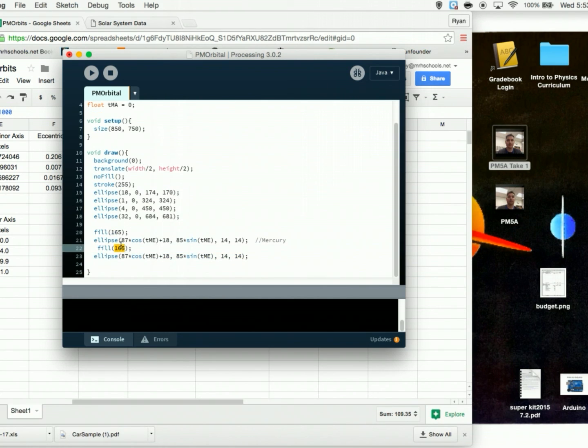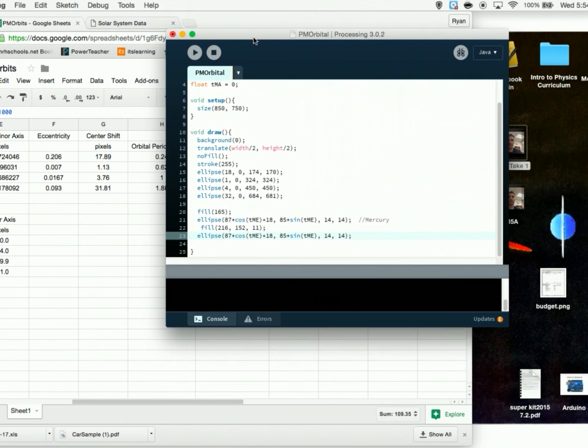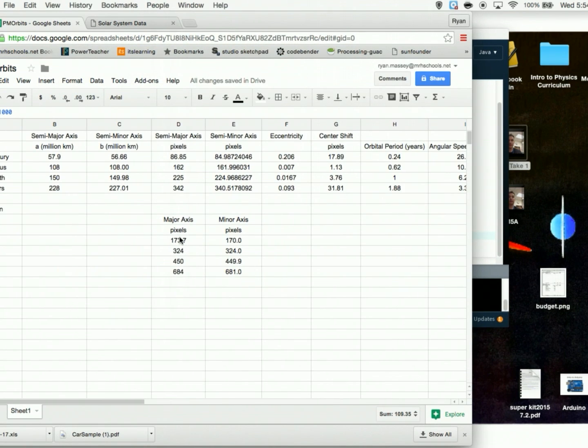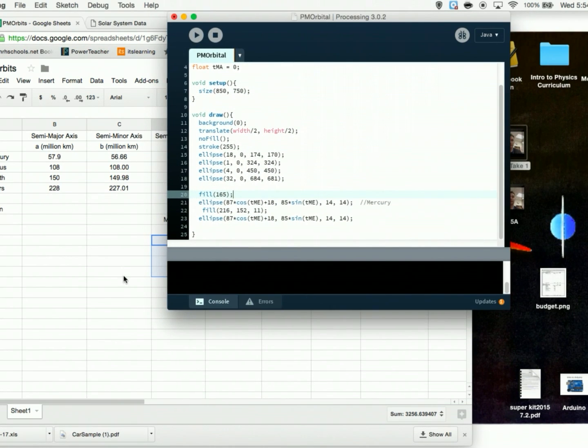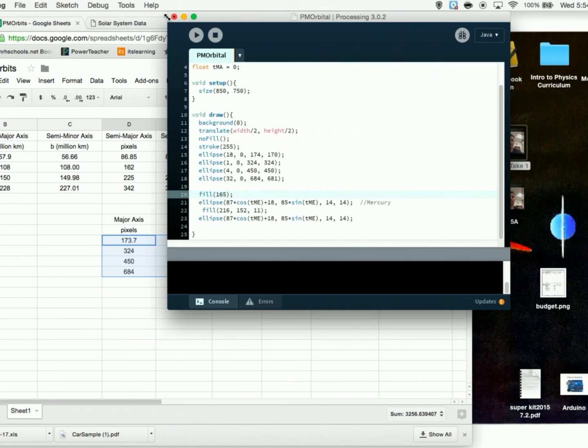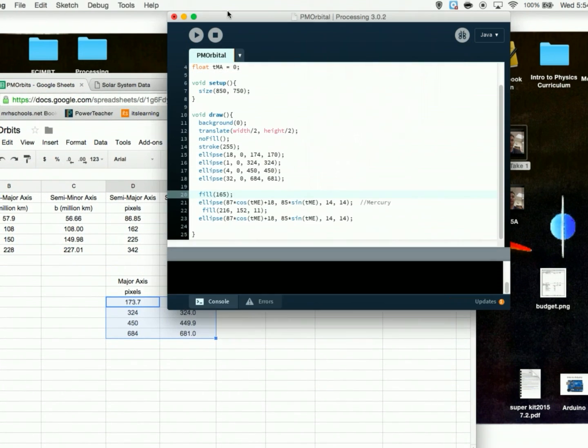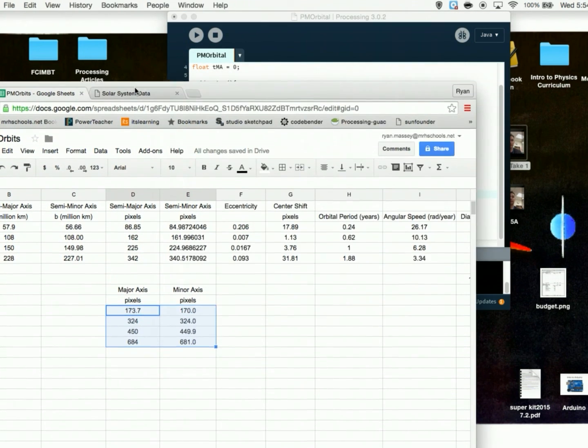And for Venus, we want sort of an orange color. Tried these out earlier, and these numbers end up looking pretty good. And then back to our spreadsheet. Remember, we're using these values here to determine the path of the planets.